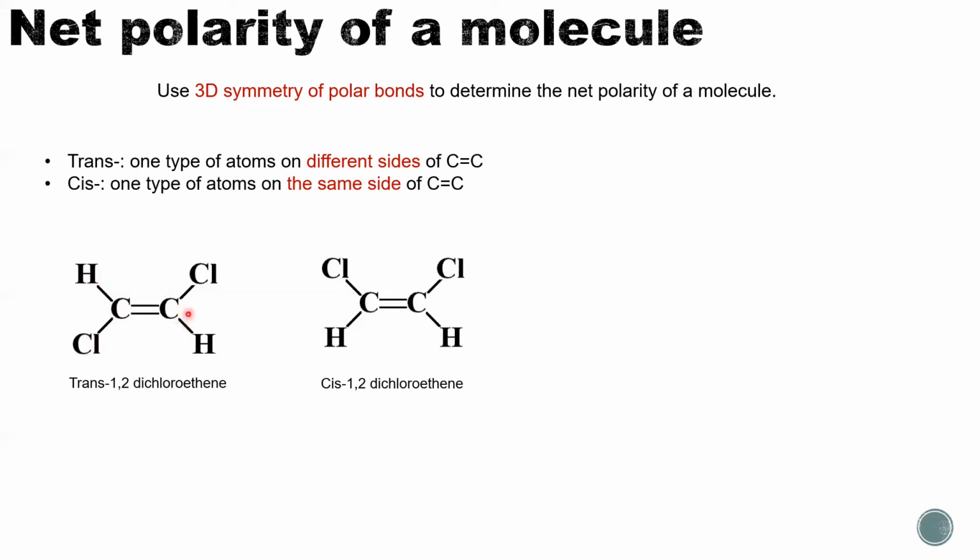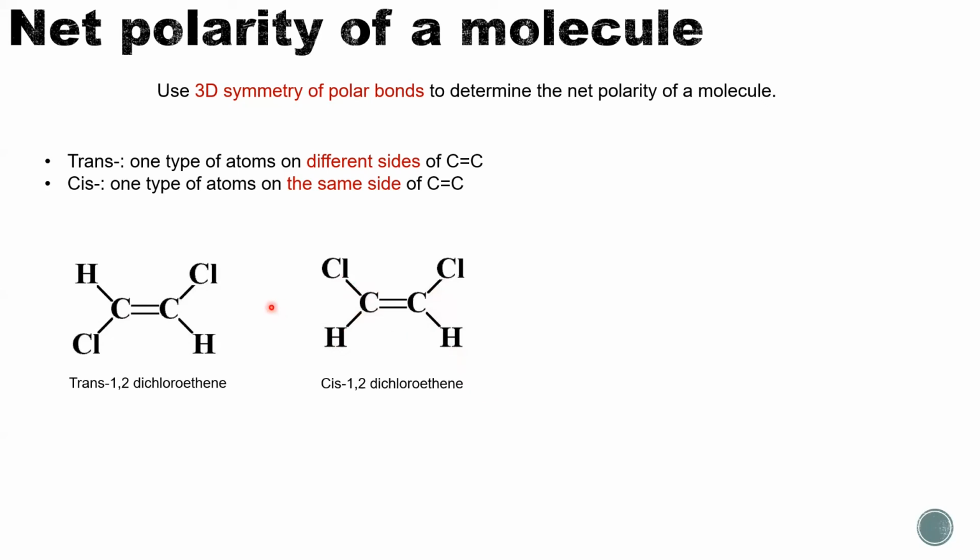On the right carbon, chlorine is pointing up and hydrogen is pointing down. If you draw a line along the carbon-carbon double bond, the two hydrogens are on both sides of the line. But for the cis molecule, the left carbon has chlorine pointing up and hydrogen pointing down, and the right carbon also has chlorine pointing up and hydrogen pointing down. So they are the same.